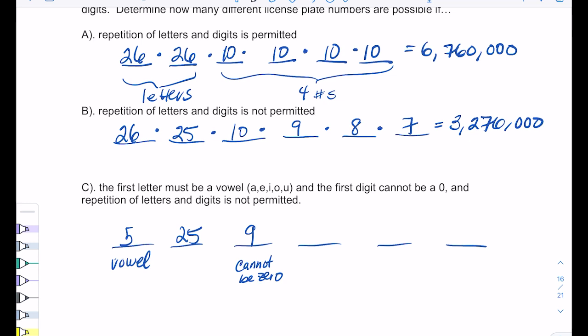So whatever number I chose for that first number spot, it couldn't have been 0, but now 0 gets thrown back into the mix. So I've got 9 to choose from again, and then 8 and 7. And when you multiply all 6 of these numbers together, you end up with 567,000.